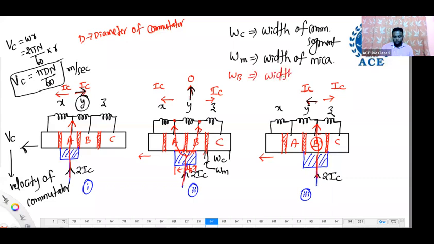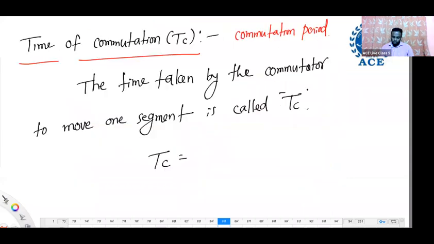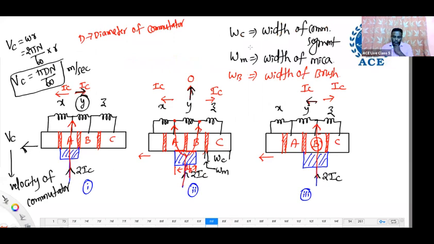Now, how to find the time? Time is distance by speed. Here, time of commutation is the time taken by the commutator to move one segment. The one segment width is WC, divided by the velocity of commutator. We have to design these three terms: width of the brush, mica insulation, and width of commutator segment.